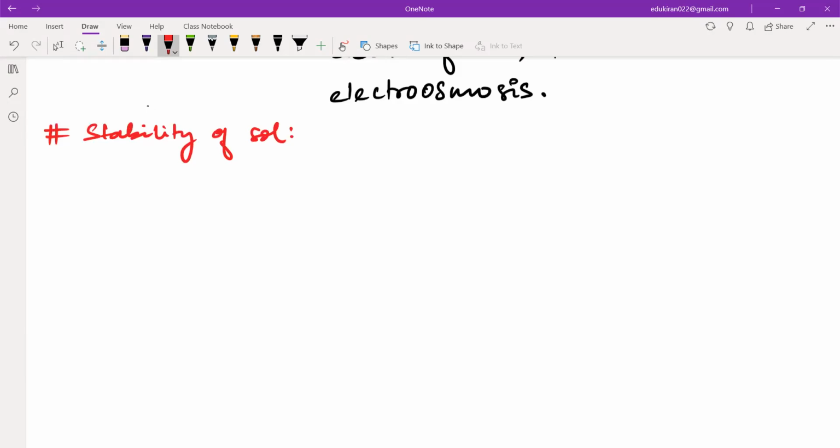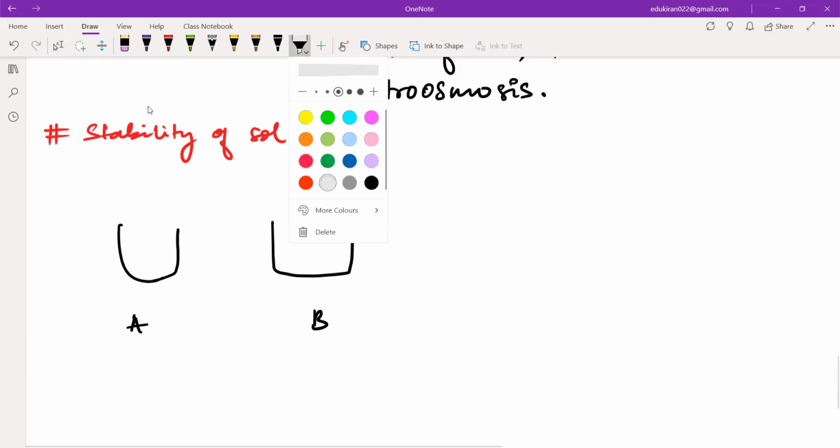I'm giving you 2 different cases, A and B. In both of these cases, there is some dispersion medium.